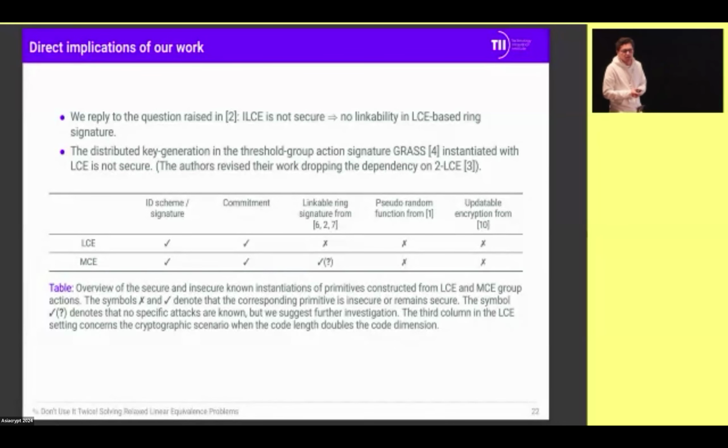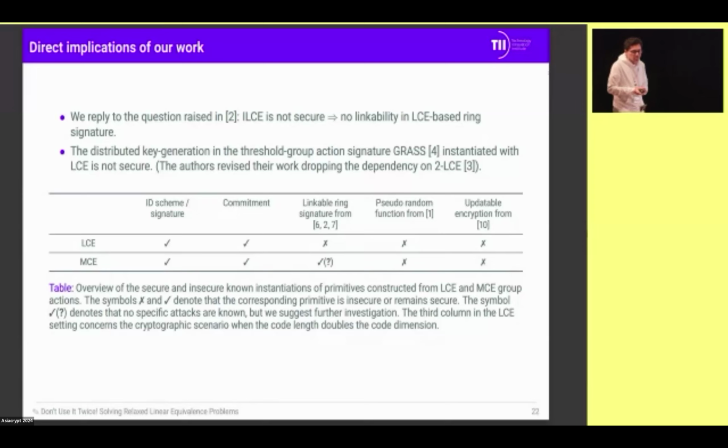And just a summary in the end: for linear code equivalence, our results show that you cannot have, based on this construction, linkable signatures or linkable ring signatures. Also the threshold, so you cannot have pseudo-random functions and updatable encryption either. The reason is that we show that with a polynomial number of queries or samples, you can recover the secret.